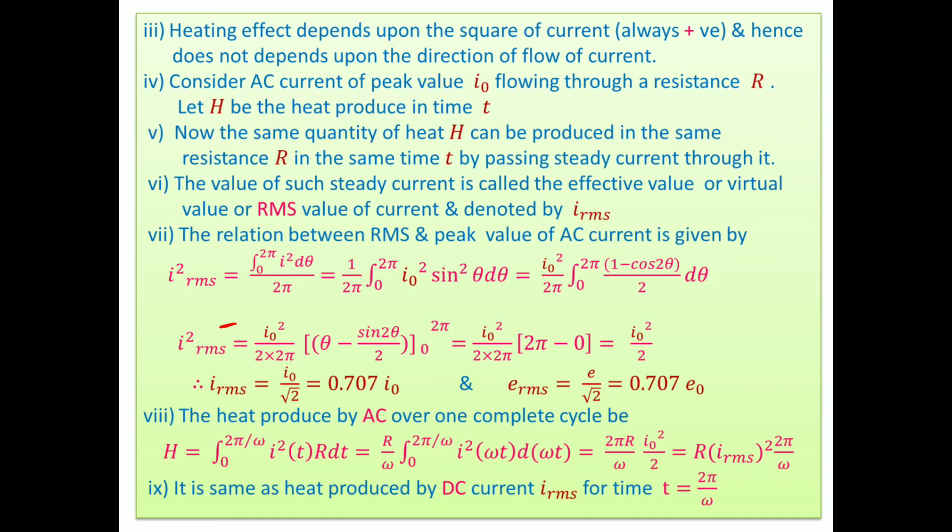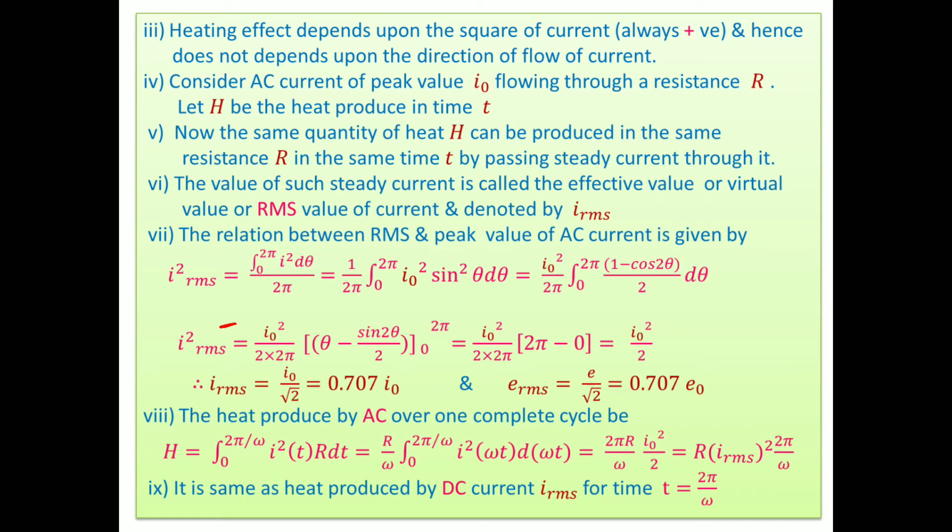The upper limit is put: it is 2 pi minus sin 4 pi upon 2. Sin 4 pi is 0, so directly you take 2 pi, and again at the lower limit 0 minus sin 0 by 2, which is 0. So you directly take 2 pi minus 0 after substituting the limits. And thereafter the 2 pi gets cancelled, and you get I naught square upon 2.